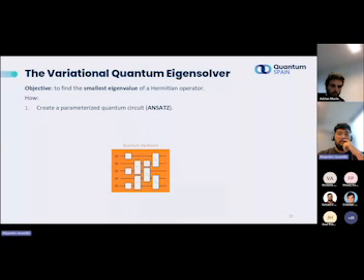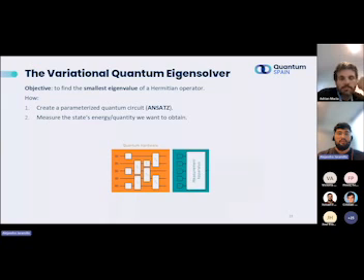It does it with three distinct parts. First, we need to create a parameterized quantum circuit, so a quantum circuit in which we can control and fine-tune the effect and duration of the gates on our system, so we can produce a family of quantum states, of wave functions that will act as a trial function for the second part of our algorithm, which is to measure that state and compute the state's energy or whatever quantity we're interested in obtaining and minimizing.